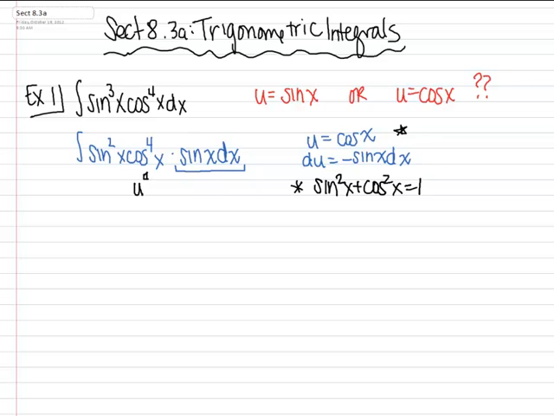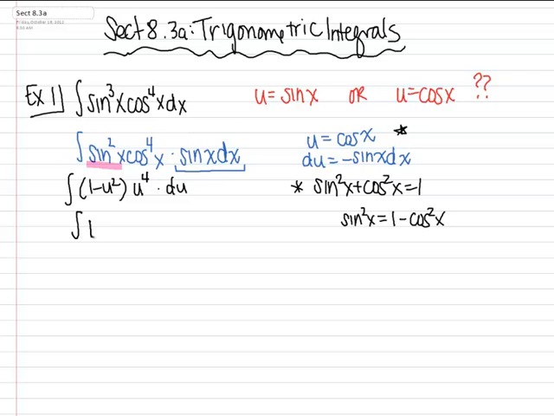Right here we have u to the fourth power du, but I have this extra sine squared x sitting over here by itself. So we're going to have to replace sine squared x with 1 minus cosine squared x, which is 1 minus u squared. Now we have a nice little polynomial function to integrate.